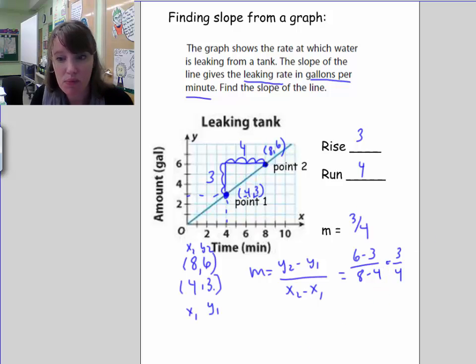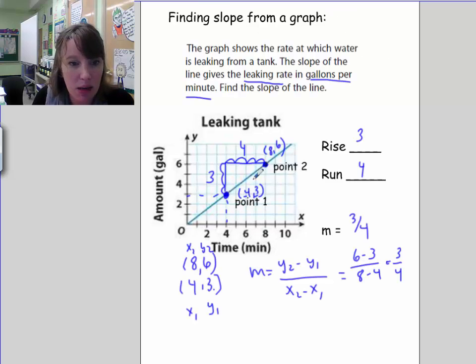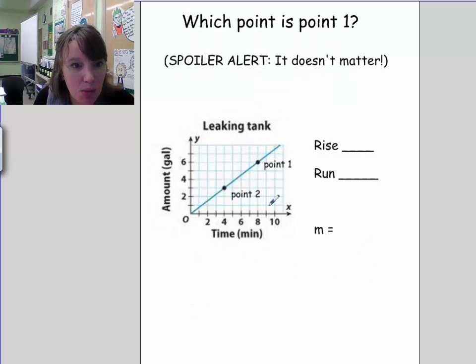Now, a natural question you might ask is, in the last example, how did I determine that this was point 1 and this was point 2? What if I had switched them around? The spoiler alert is, it's not going to matter. If this were point 2 and this were point 1, let's get the coordinates again. This is 8, 6 right here, and this is 4, 3.